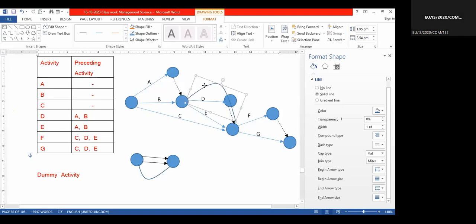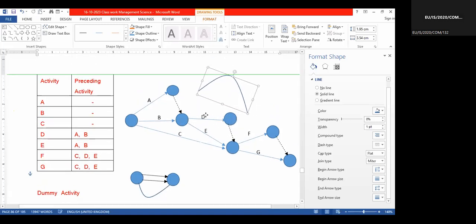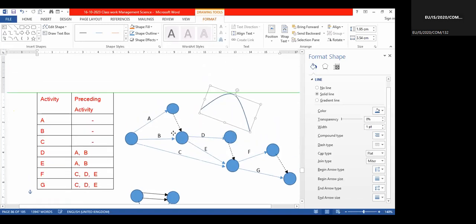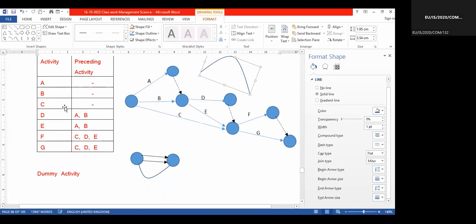Rather than using this, I have put decently a dummy activity to connect D with this point. We cannot bend it, so put the dummy. Only when necessary can we use these dummy activities.